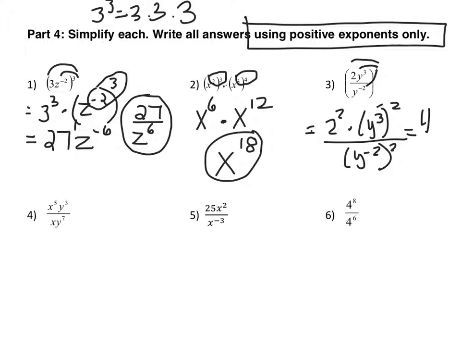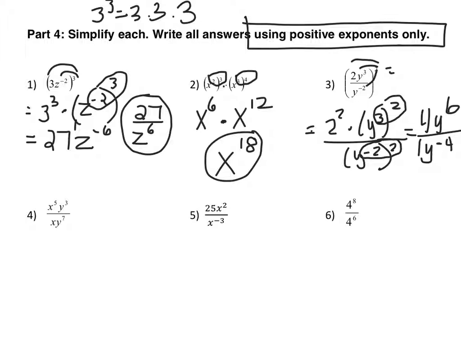When I have a power to a power, I can multiply the powers. I end up with y to the 6 in the top. In the bottom, negative 2 times 2 is negative 4. I end up with y to the negative 4 in the bottom. So this is really 4y to the 6 divided by 1 y to the negative 4. It's a division problem.